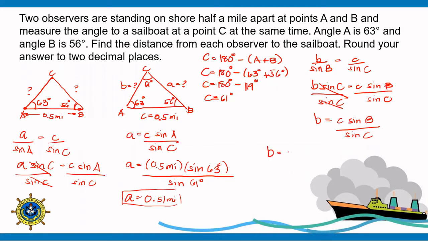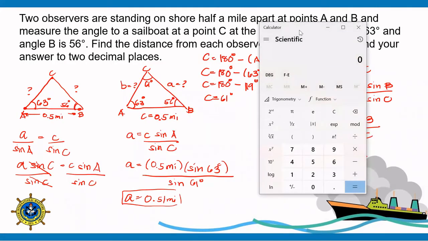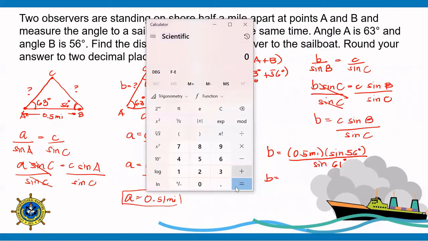So if we will substitute, meron tayo dito 0.5 miles times sine of B, ang B natin is 56 degrees over sine of angle C, which is 61 degrees. Yan. So kung gagawin po natin to sa ating calculator, so this is 56, then you press sine times 0.5.